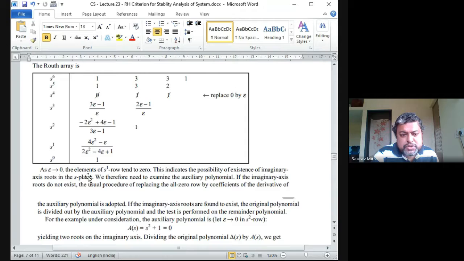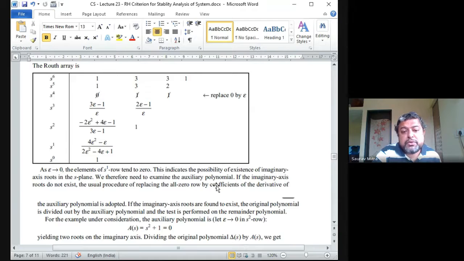So as epsilon tends to 0, the elements of the s raised to 1 row tend to 0. That is what they have said. That means in s raised to 1, the numerator 4 epsilon square minus epsilon becomes 4 into 0 minus 0, which is 0. This indicates the possibility of existence of imaginary axis roots in the S-plane.